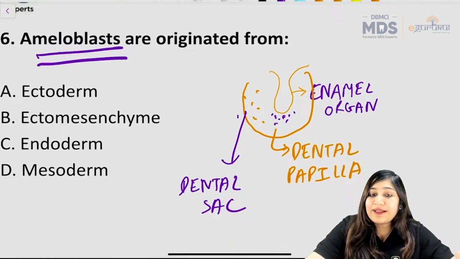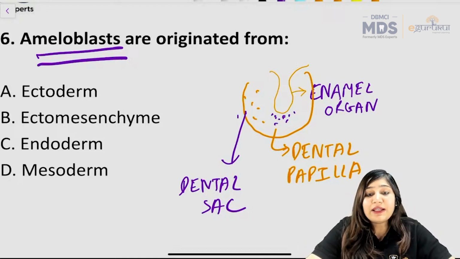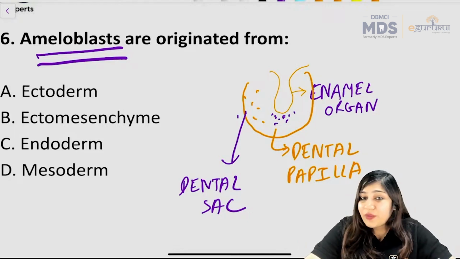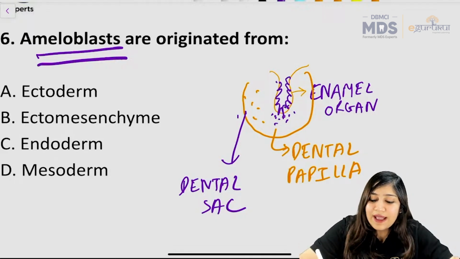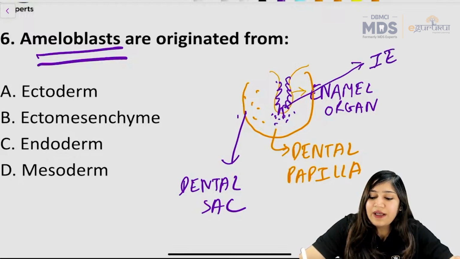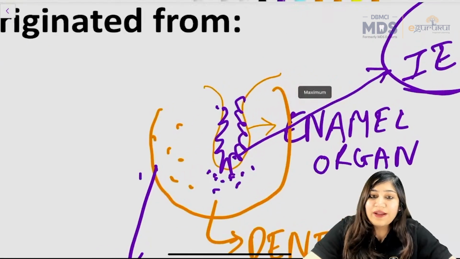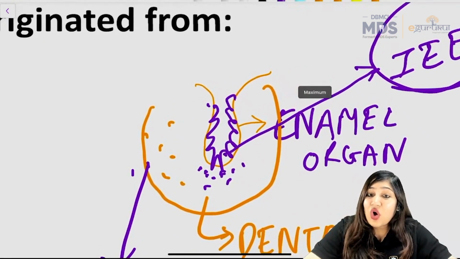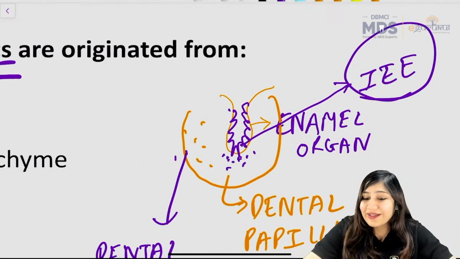Ameloblast cells. Ameloblast cells differentiate from what? Inner enamel epithelial cells, right? So inner enamel epithelial cells are present in the enamel organ. Here we have columnar cells present, right? So these are our inner enamel epithelial cells. So basically they are present inside the enamel organ. So obviously enamel is formed from the enamel organ, right?